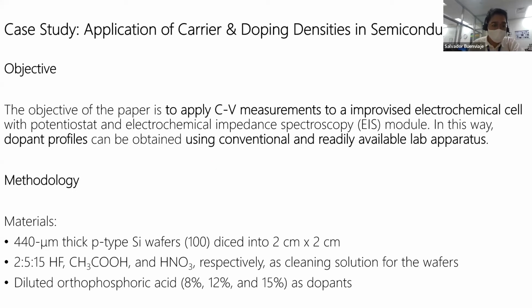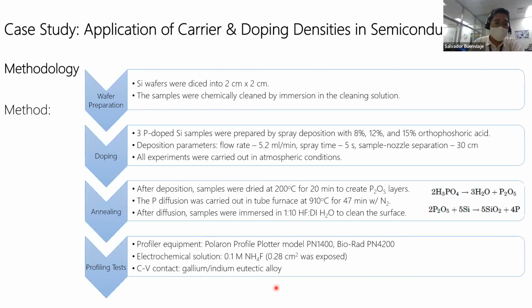So for the methodology, here are the materials: a 440 micron thick P-type silicon wafer, a cleaning solution made of hydrofluoric acid, acetic acid, and nitric acid, and diluted orthophosphoric acid at 8%, 12%, and 15% as the dopant.